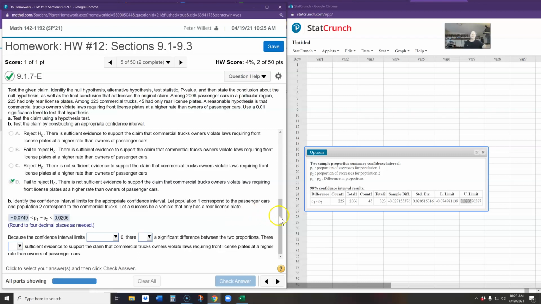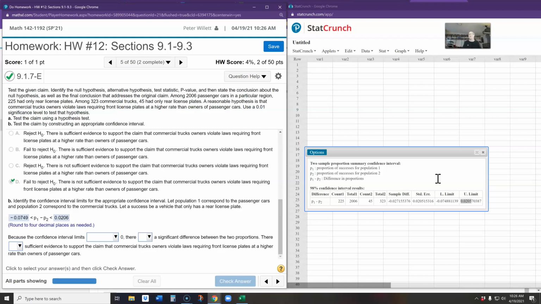All right, so now we want to use this confidence interval to draw our conclusion. And again, the idea here is that we're 98% sure that the actual difference in the population proportions for the whole populations would be in this range. Well, since this range goes from a negative number to a positive number, in the middle of that range somewhere is a 0. Within that range is a 0.